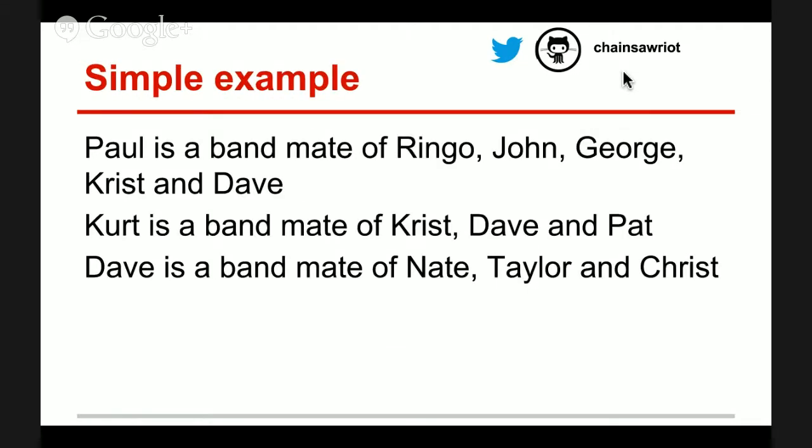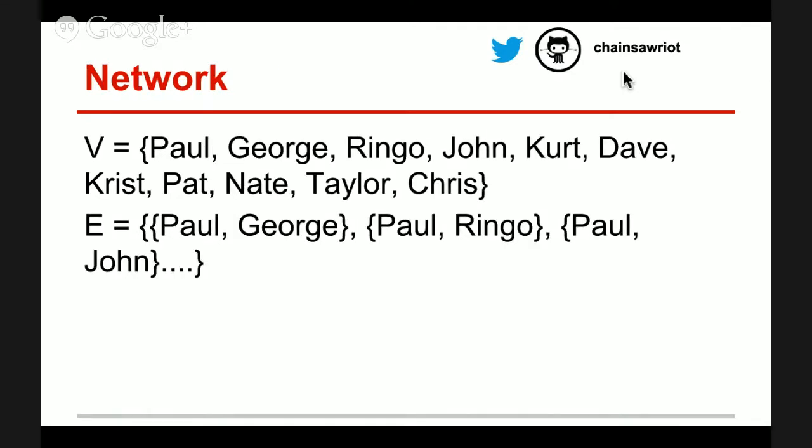I want to give you an example. Suppose we have some people from 3 different music bands. Paul is a bandmate of Ringo, John, George, Chris, and Dave. Another set of relationships: Kurt is the bandmate of Chris, Dave, and Pat. And Dave is the bandmate of Let, Taylor, and Chris. We have the text description of all these relationships, and then we can represent it as a network.